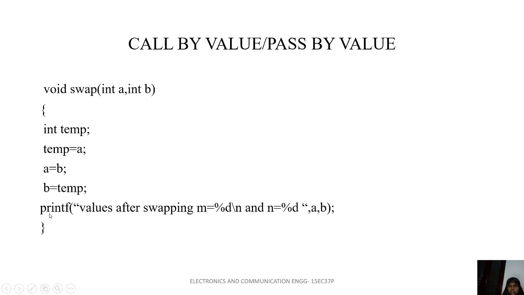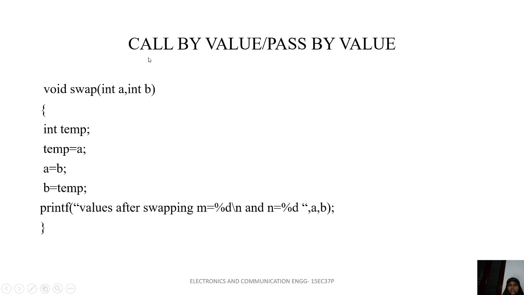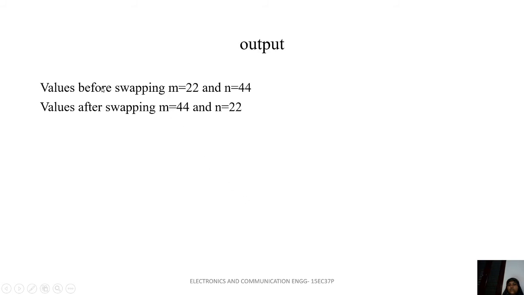In this function definition only, we are printing this statement here. We are not going to return any value to the main program. So this is with arguments and no return. Here we are going to print the values after swapping: m is equal to 44 and n is equal to 22.